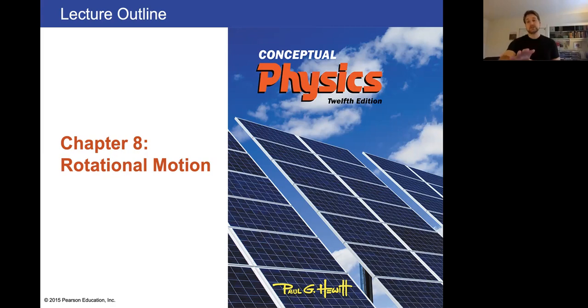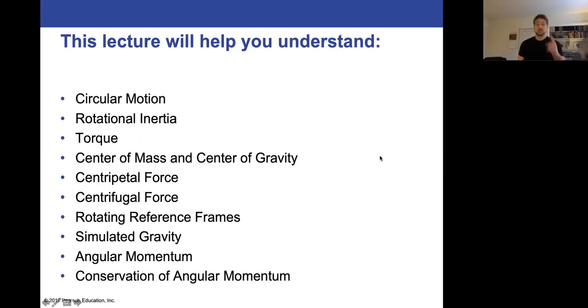We'll start there, and we'll go on to consider other kinds of non-linear motion. These kinds of non-linear motion. The order in which these are presented here is not the order in which we're going to talk about them, but they're here for your reference.